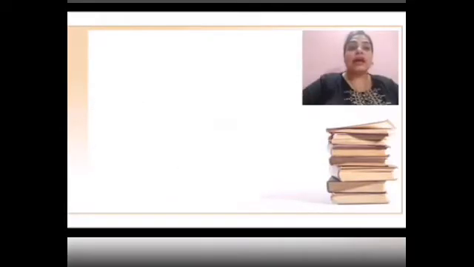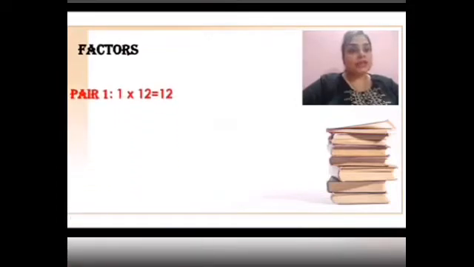Now let us understand this again by taking the pairs separately. See here, I have taken the first pair, that is 1 and 12. Here it gives the product 12. This we have seen.